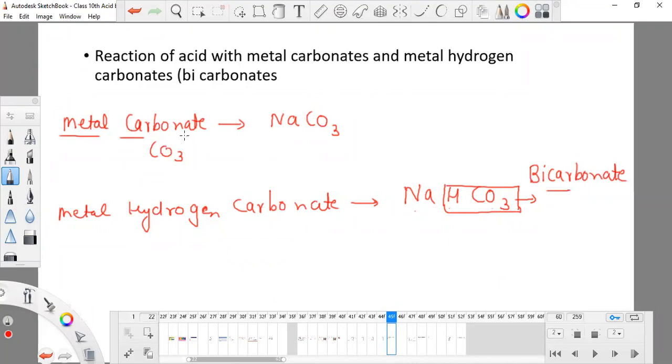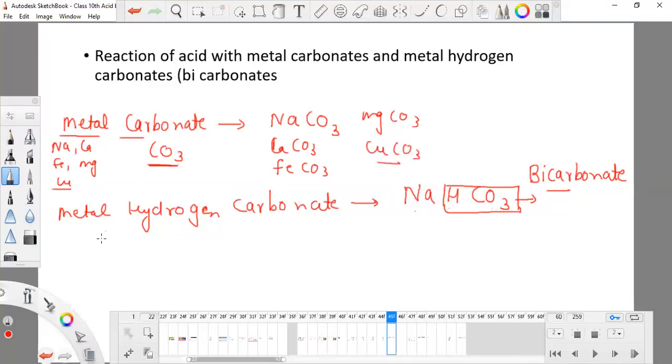Remember, for metal carbonate, you can take sodium, calcium, ferrous, magnesium, or copper, and carbonate is CO3. So I can use CaCO3, FeCO3, MgCO3, CuCO3. All of them are metal carbonates.